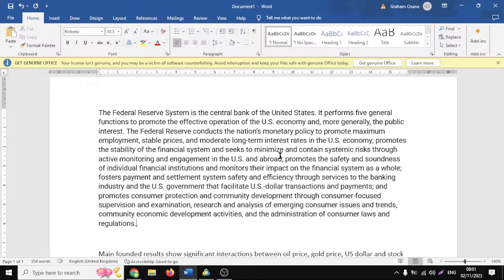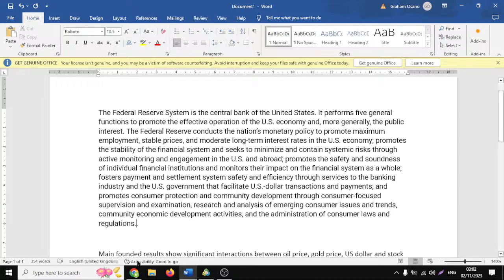So this means that everything to do with finance is being managed by the Federal Reserve System, because they also control individual financial institutions, not only the main government ones, and monitor their impact on the financial system as a whole. They could come up with certain laws and regulations that can affect financial institutions. This time, what we're going to focus on is the interest rate side of everything. How does the interest rate side of it affect everything?